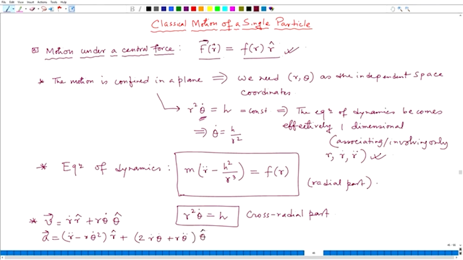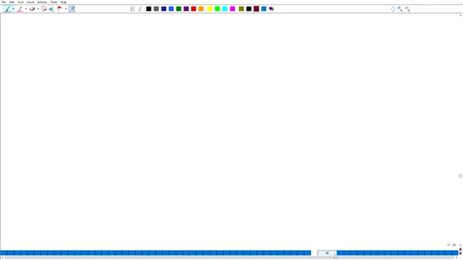So, this is the synopsis of what we have done till now on the central force. Now, we will continue the discussion which we just started at the very end of the last lecture, that is to find the orbit.